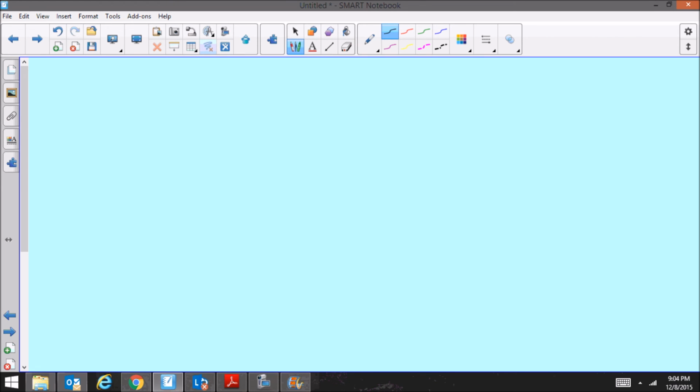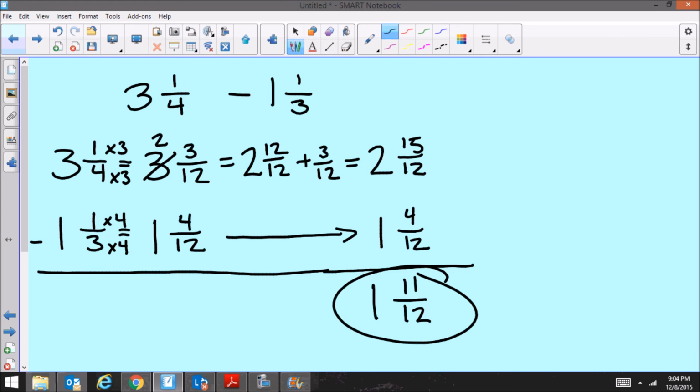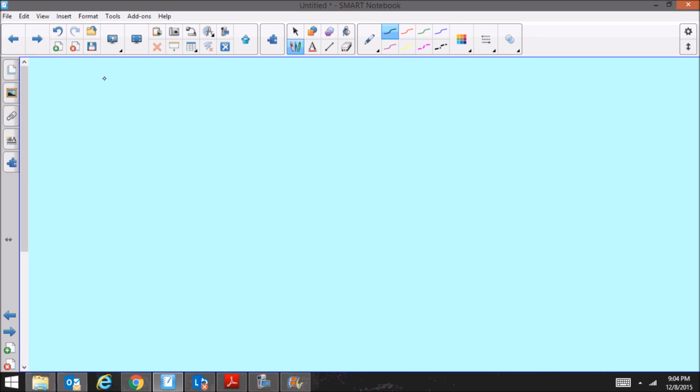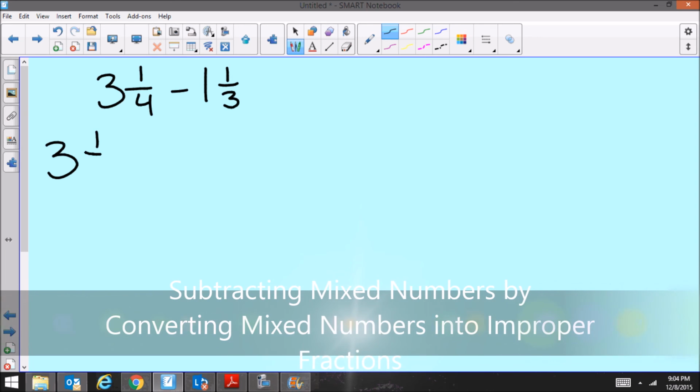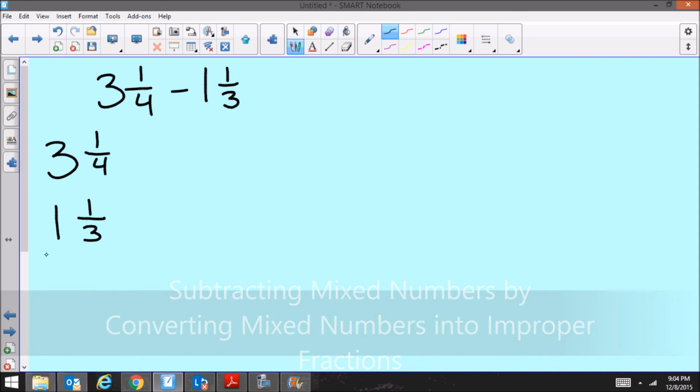Now, I'm going to solve this same problem, 3 and 1/4 minus 1 and 1/3, using improper fractions. Set the problem up vertically, so I have a place to write those equivalent fractions.